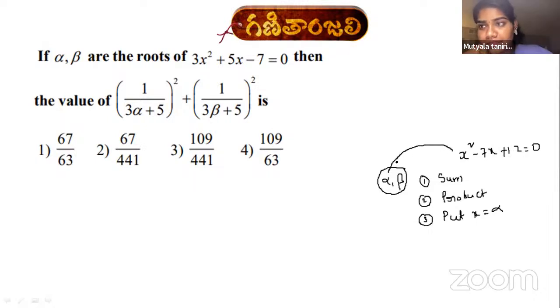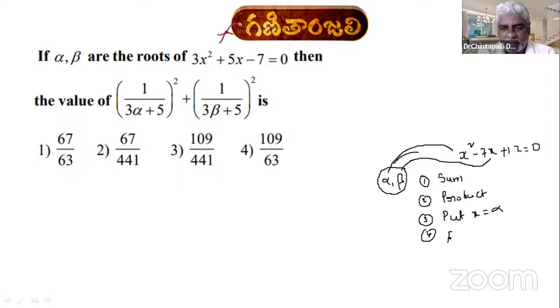And we can also replace x by beta. Fourth thing, we can put x is equal to beta. In the previous question, we used these 2 points.